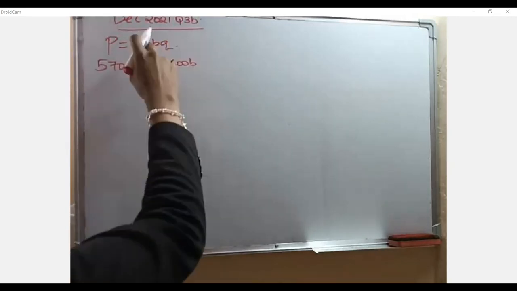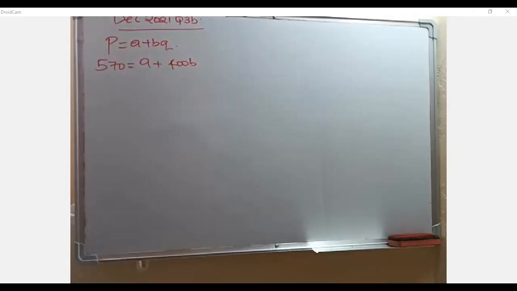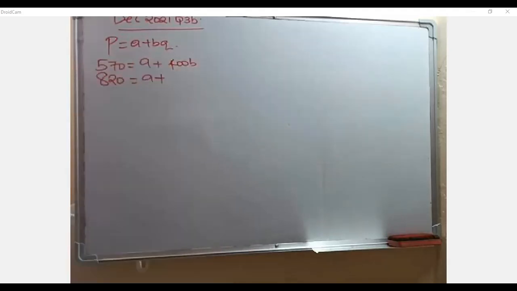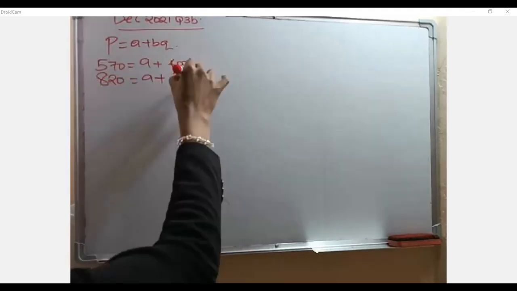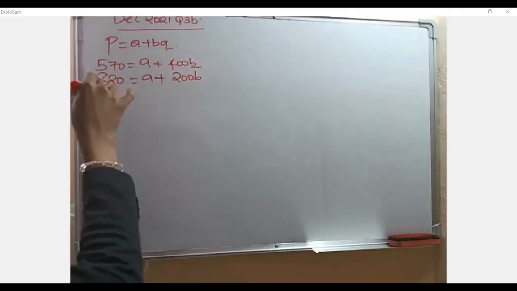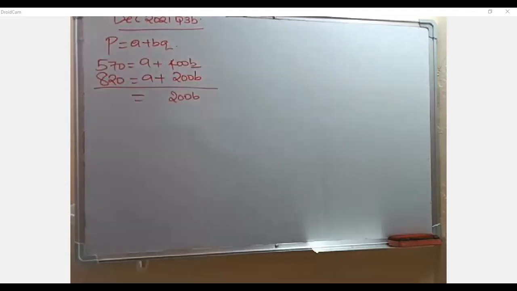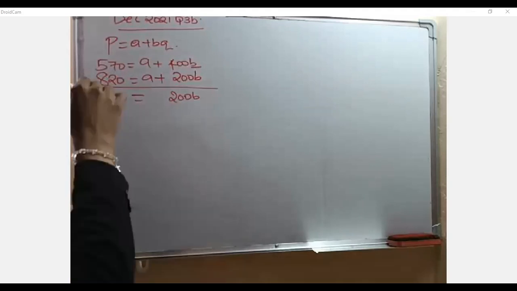Because our B, we said, is a slope. Now, what about if the price is increased to 820, which is equal to A plus 200B, since the number of units drops to 200. Once you reach there, just subtract to eliminate one unknown. It means here you have 200B equal to 570 minus 820, which gives negative 250.